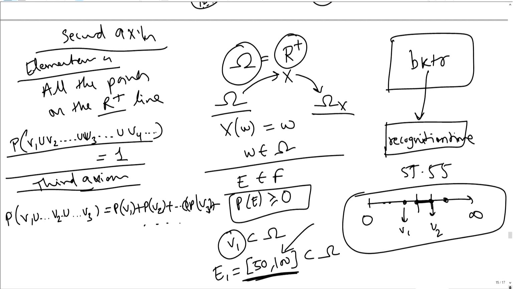Now, this V1 union V2 union V3 is equal to 1 based on the second axiom. So it is basically the same result as we derived before, just that the elementary events are now very different. So, the probability of V1, and there would be infinite number of elementary events between V1 and V2, plus the probability of V2 plus the probability of V3 equals 1.